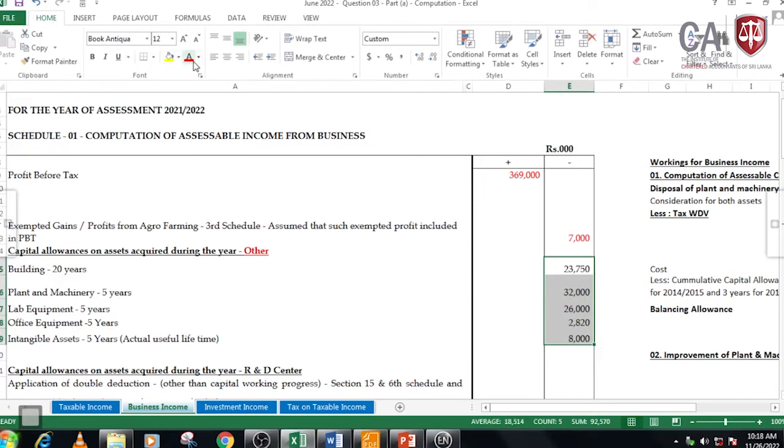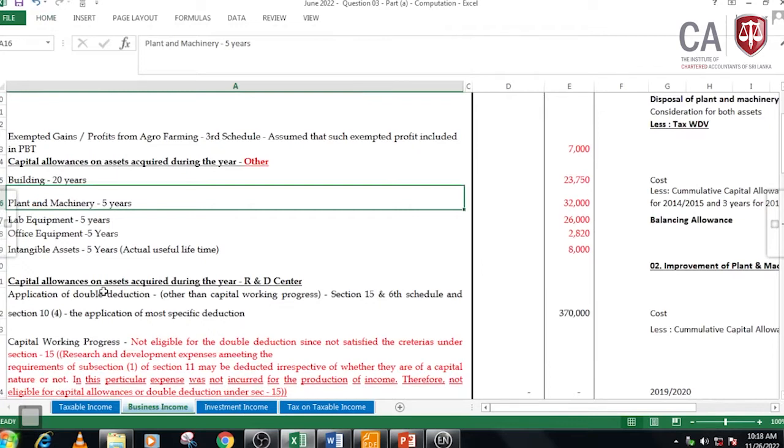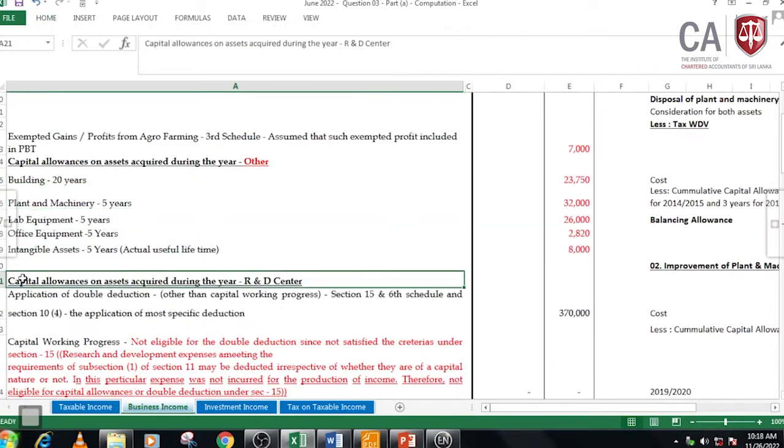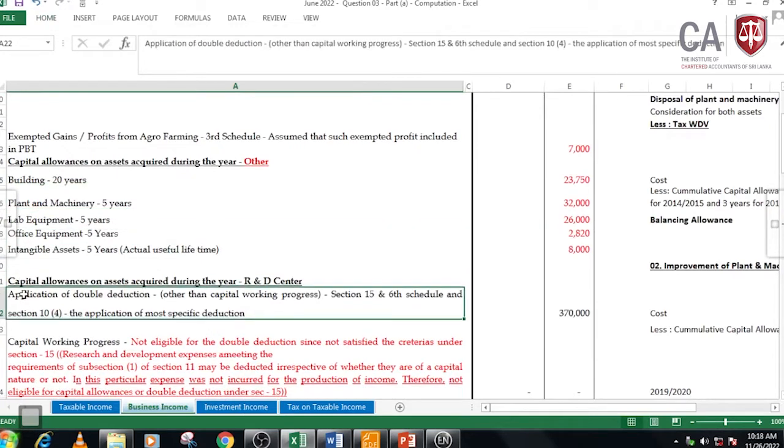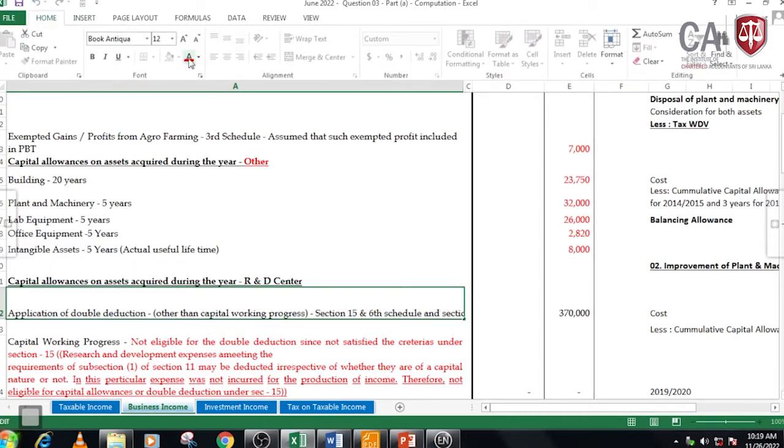Then with reference to the research center, capital allowances on asset acquired during the year for the R&D center, then application of the double deduction other than capital work in progress, the section 15 and 6 schedule, and as I have explained to you, this is section 10 subparagraph 4, it's satisfying here.